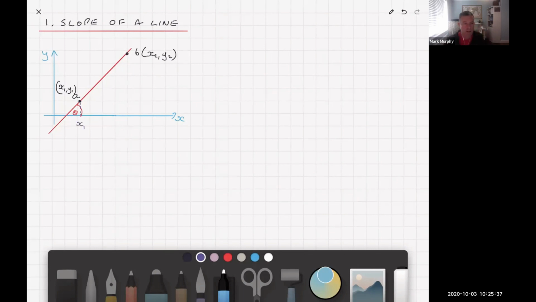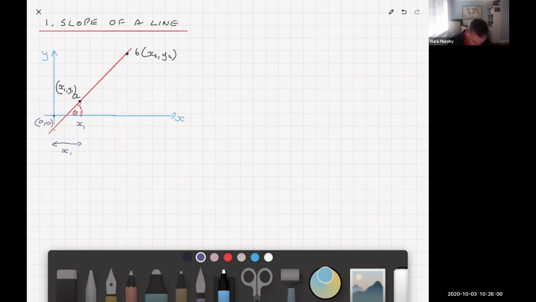That's the distance from 0 here. I know this is very basic for some people, but for others it's like, oh, that's actually what it means. It's the distance x1 from 0. So that's 0, 0, the origin.